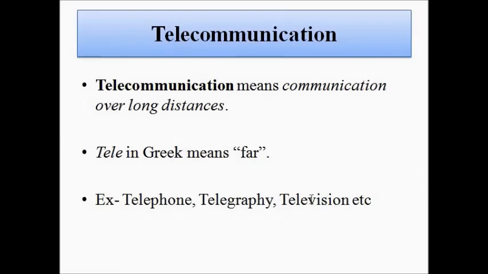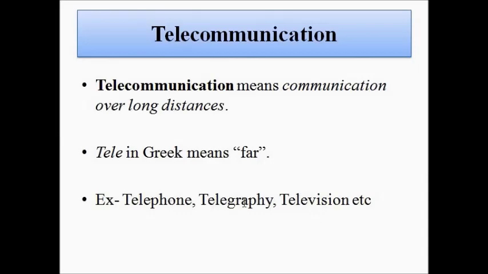But television is a one-way communication. It is basically from the sender to the audience. The audience cannot give their feedback at that instant. They do not have that feedback capability, so television is essentially a one-way communication.